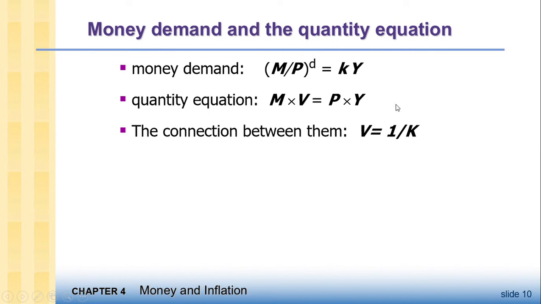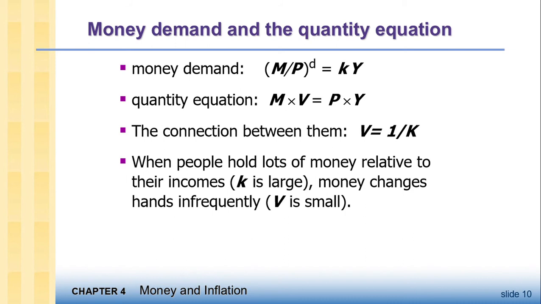So the quantity equation also expresses the money demand equation, where if people hold a lot of money relative to their incomes, k is large, and therefore money changes hands infrequently, and people are holding these cash balances. The velocity with which money was earlier exchanged becomes smaller.